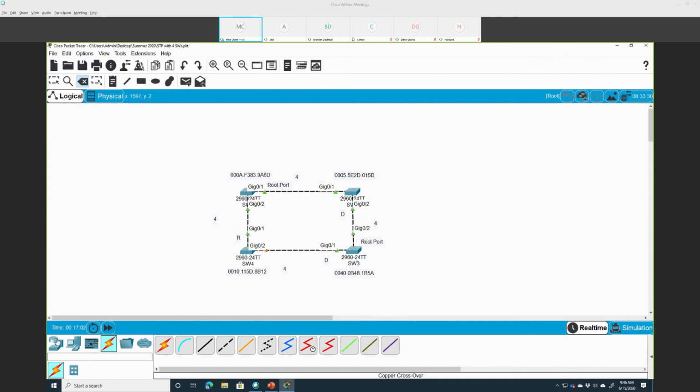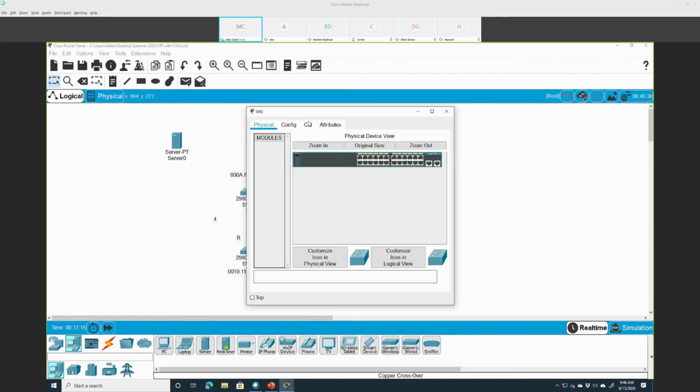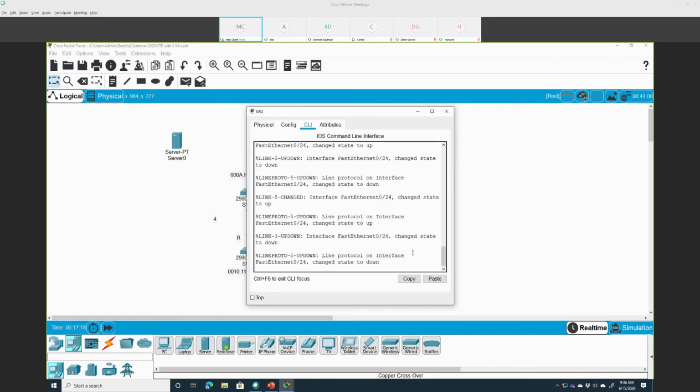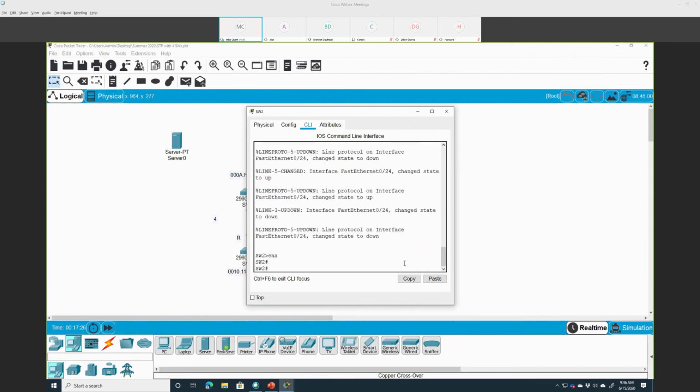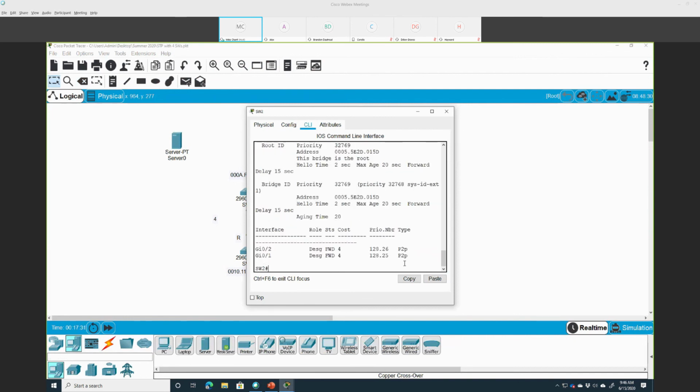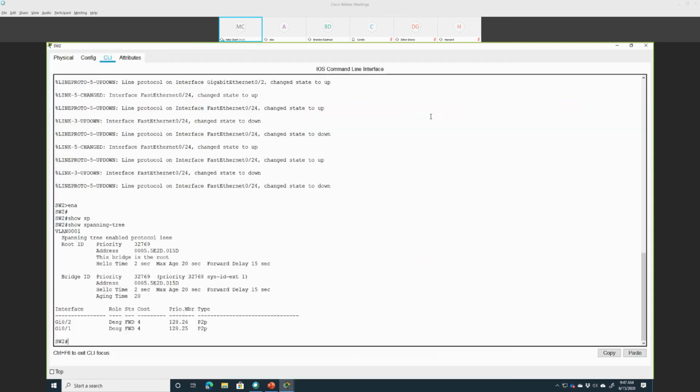Let's see. First of all, some kind of review of what we did before. Let's discuss something first. You do enable, and you say show spanning-tree. Okay, you're going to see the spanning tree. What you see? You see it's a root bridge. They tell me the root.